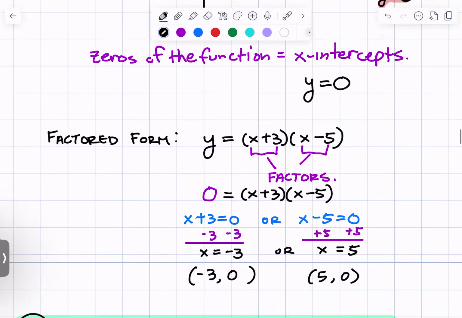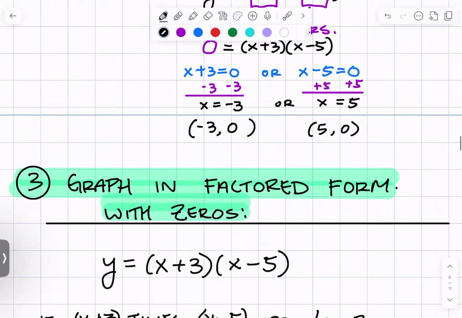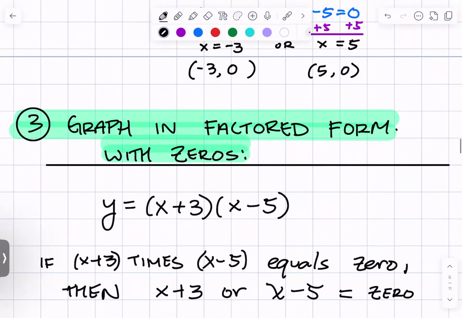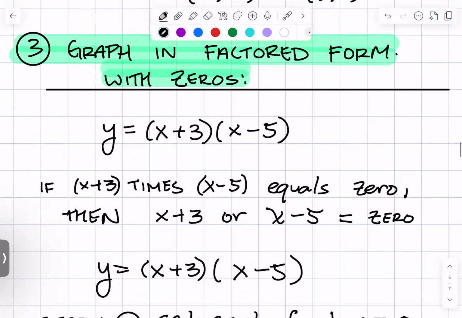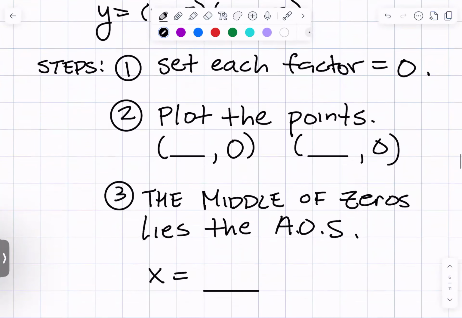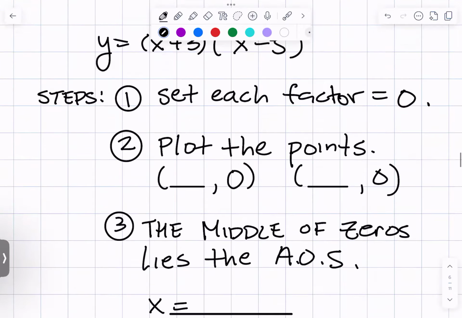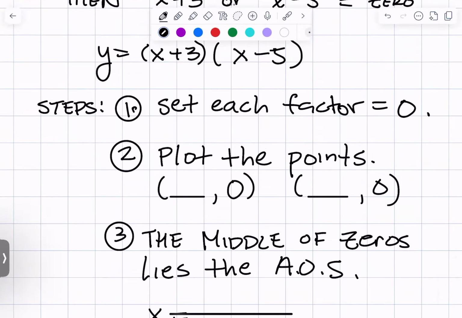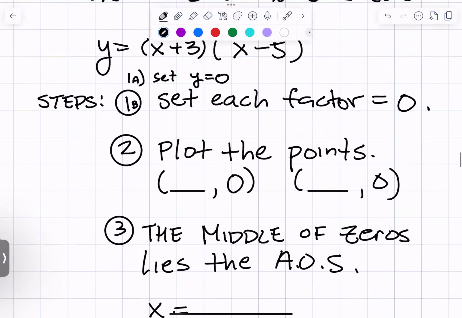Okay. So these are the steps to graphing in standard or in factored form. Okay. Step number 1, it should be 1B. 1a is we're going to set y equal to 0. Okay?